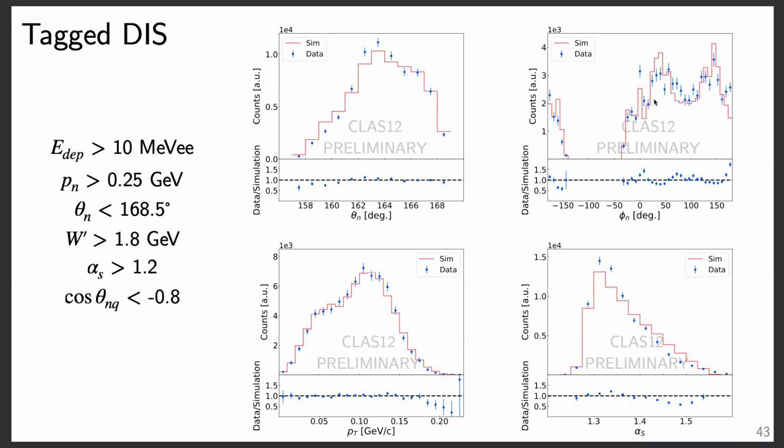Then the bottom 2 show alpha S, the light cone momentum fraction, on the right, and PT, the transverse momentum. Here transverse is relative to the Q vector, not in the lab frame. And once again you see some pretty good agreement between our data and Monte Carlo.